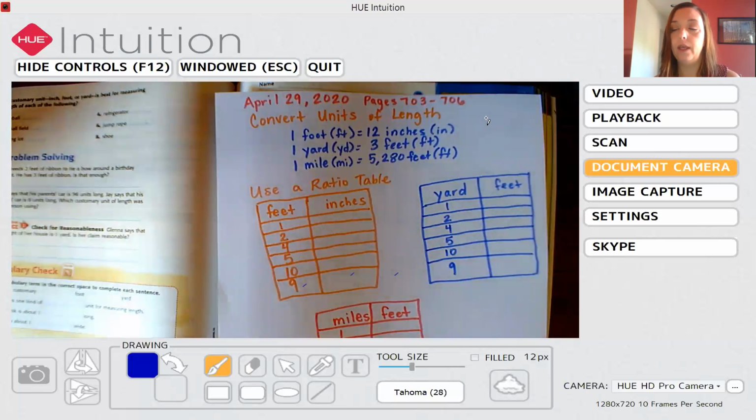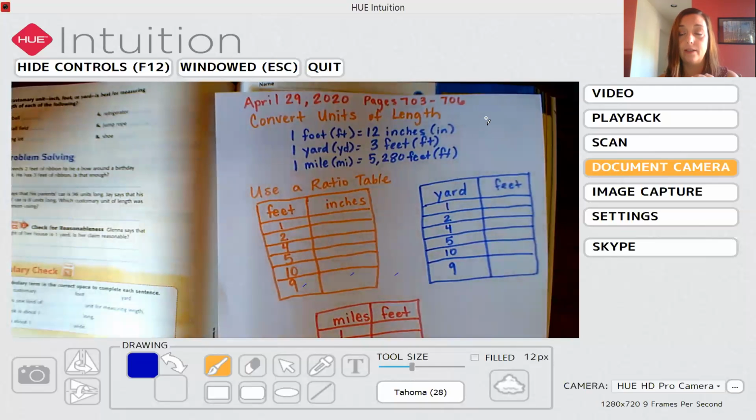So when we measure something, often we measure it in one way, and then we have to know what the equivalent amount is in a different unit. Let me give you an example. If you were to take a measurement for curtains, for example, you might take the measurement of your window in feet.